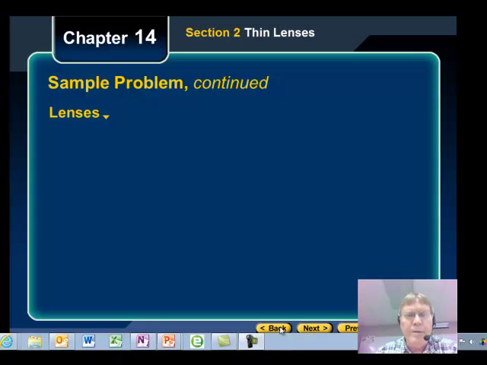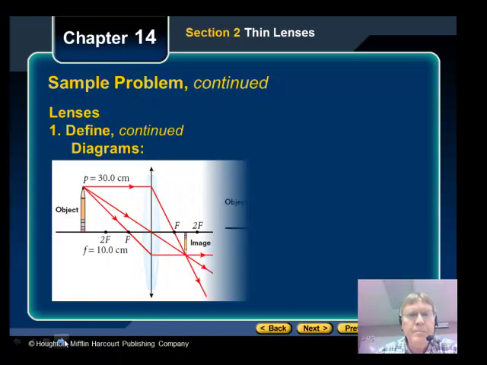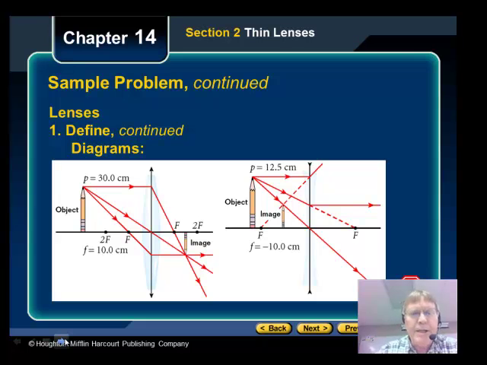Okay, here we are back at our PowerPoint again, and we'll continue on. I wanted to take a look at the ray diagrams that they had done for this problem. You'll notice that for our converging lens, the image is inverted and it's real. It's on the opposite side of the lens as the object, and of course it's diminished.